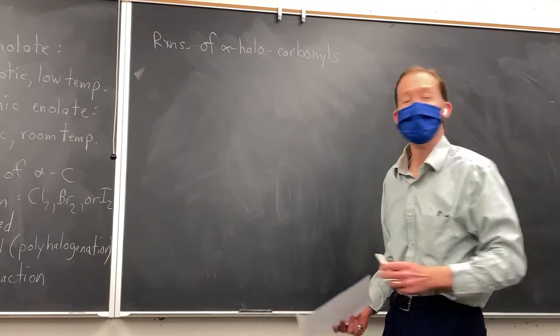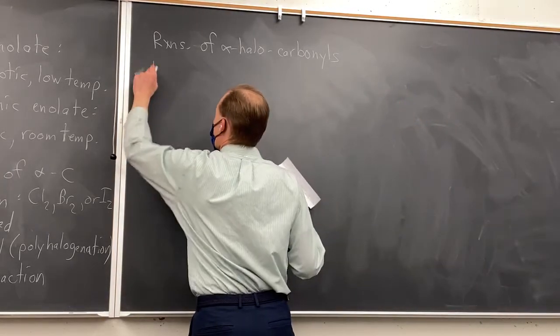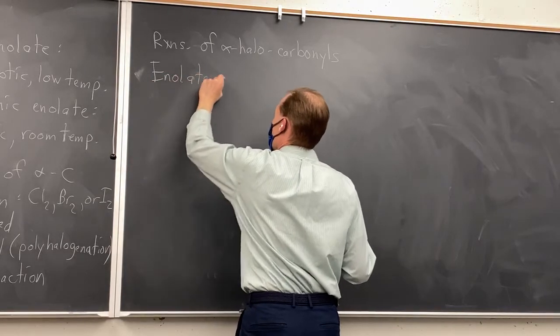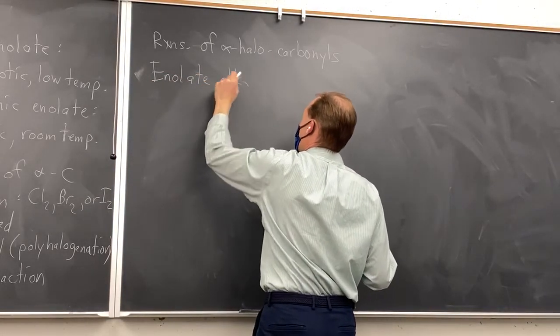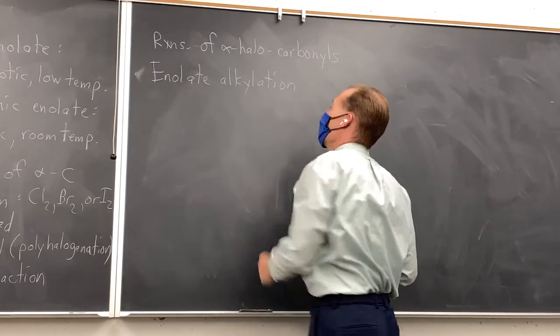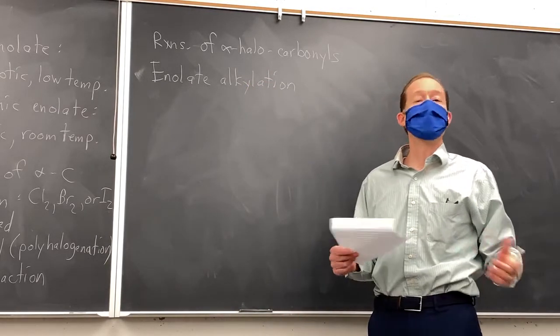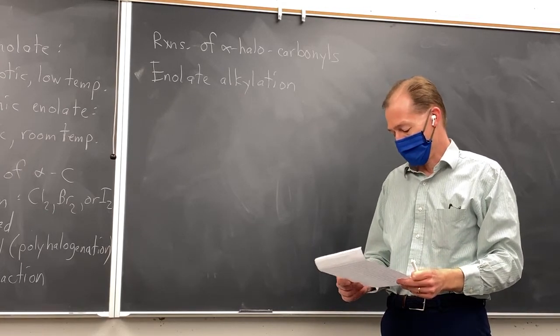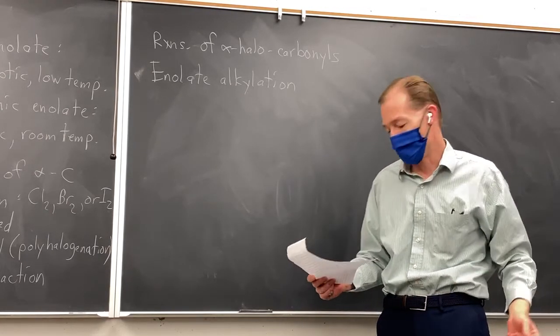Okay, then we moved on and discussed enolate alkylation reactions. This is where we're using our enolate as a nucleophile, and we're using alkyl halides as electrophiles. So this is important because we're forming a carbon-carbon bond.